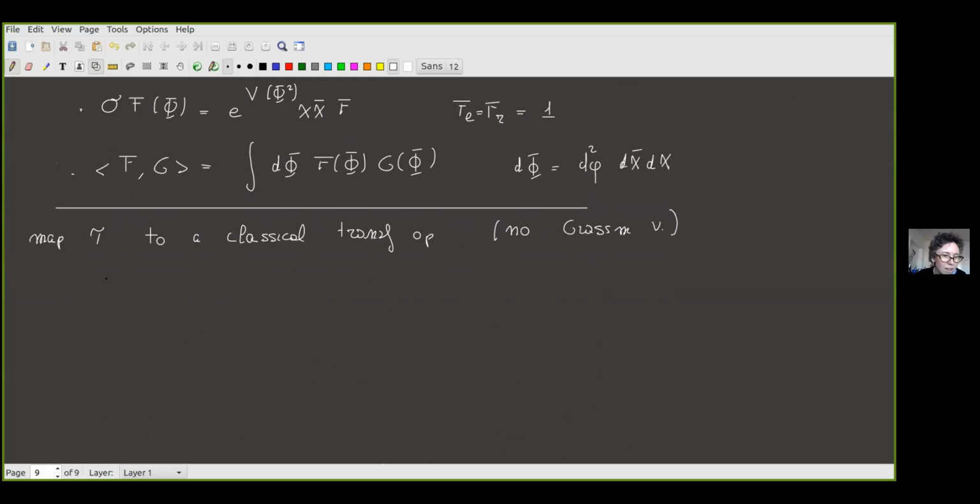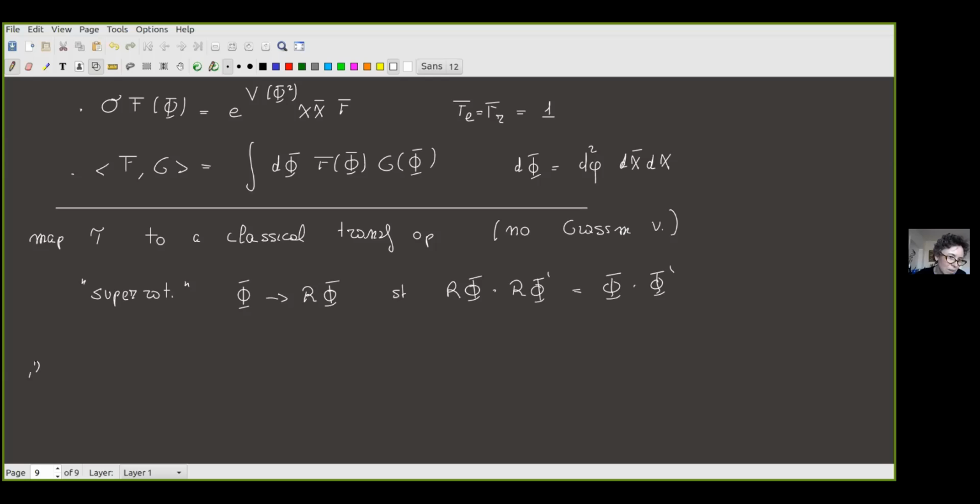So we consider a super rotation. This is a linear map which leaves the scalar product invariant. So R phi scalar R phi prime is equal to phi scalar phi prime.